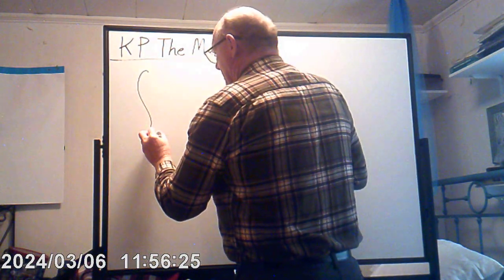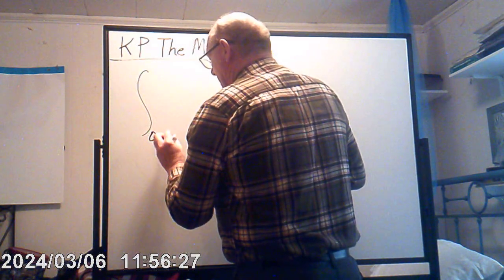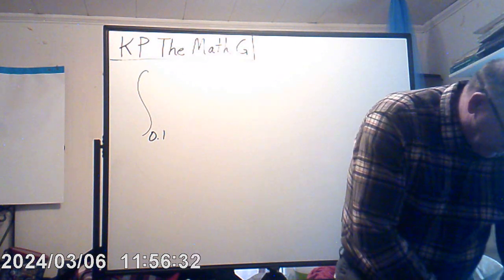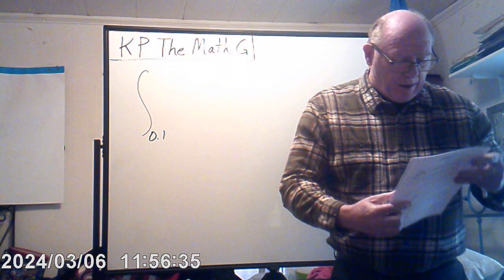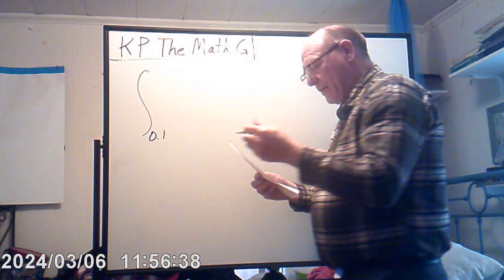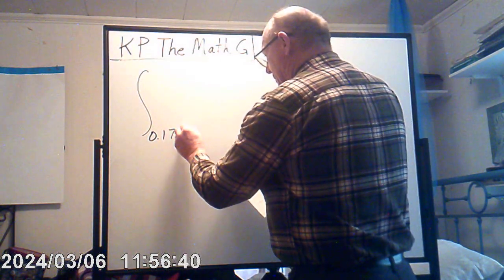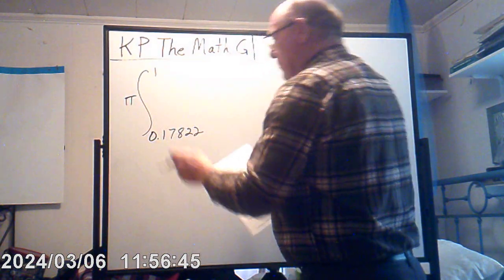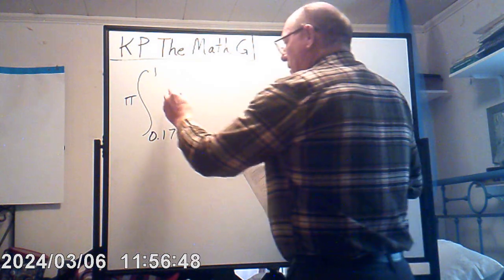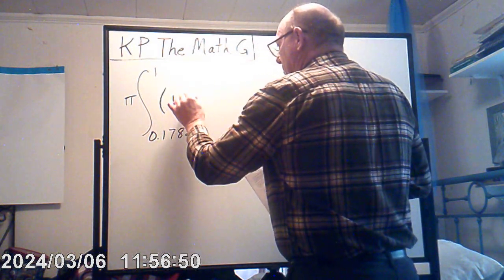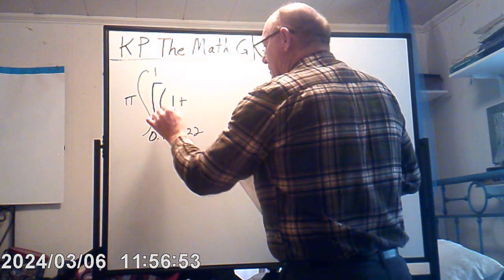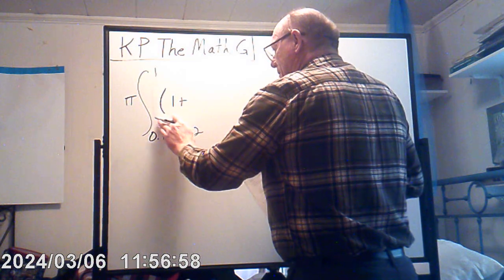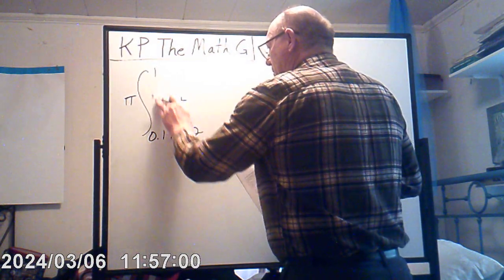It was 0.1782 to 1. So you could put the pi in front, and then you could put 1 plus. I'm thinking we're going to need several parentheses. Alright, let's do parentheses.